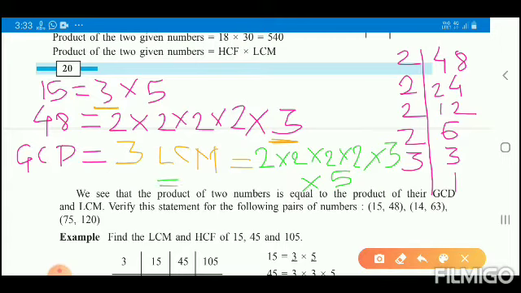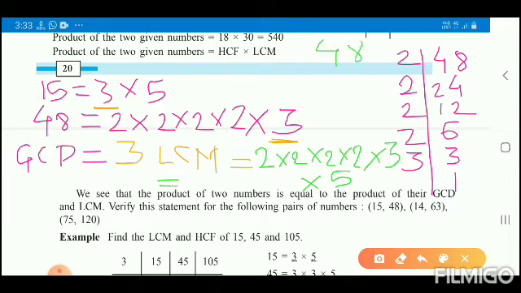So LCM is equal to, look, 2 2s are 4, 4 2s are 8, 8 2s are 16, 16 3s are how much? 48 multiplied by 5.